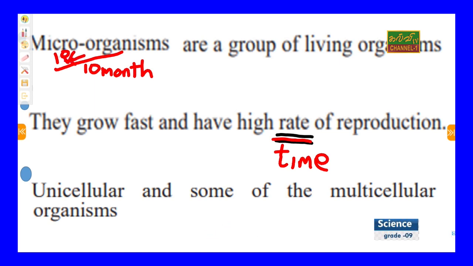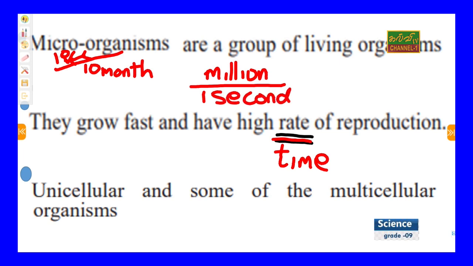One human takes 10 months, but microorganisms produce millions within 1 second. One million means 1 followed by 6 zeros.